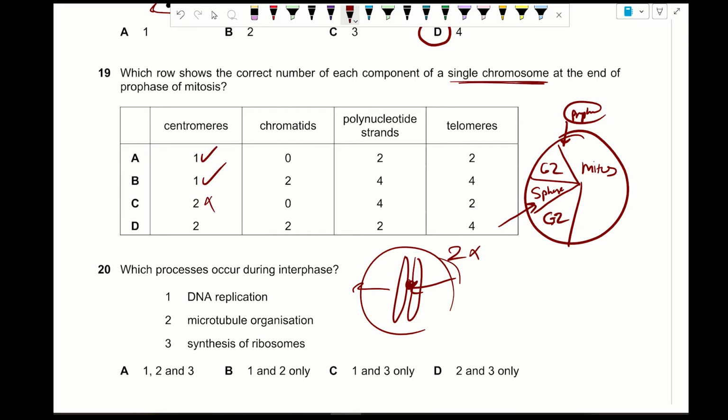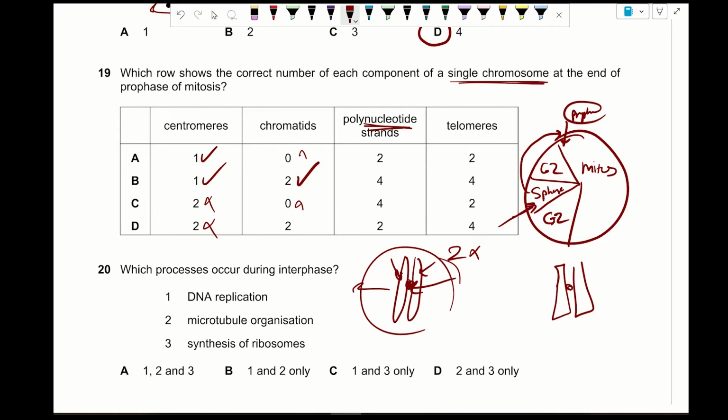Therefore, these are correct and these are incorrect. Now, chromatids. During DNA replication, the single chromosome unit has replicated into 2. Each one of these is called a chromatid. Therefore, after the S phase and at the start of prophase, we would have 2 chromatids. Therefore, this is correct, and all these are incorrect.